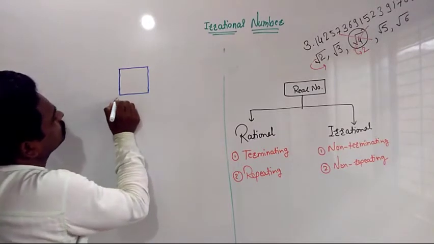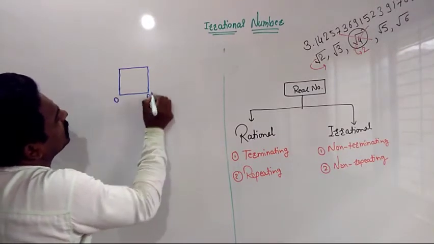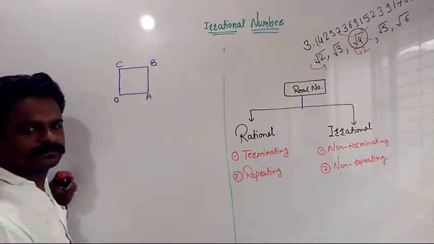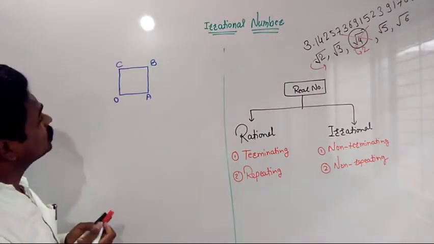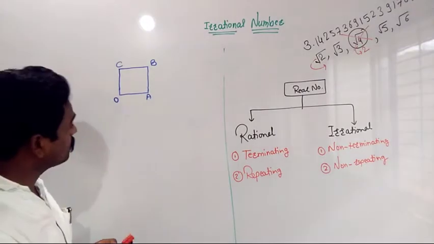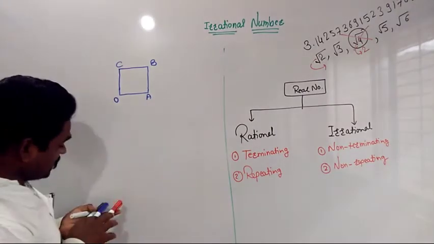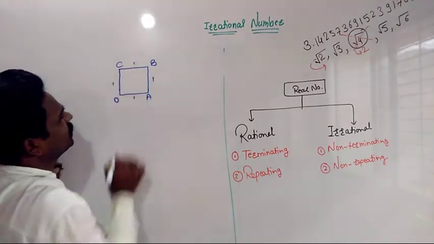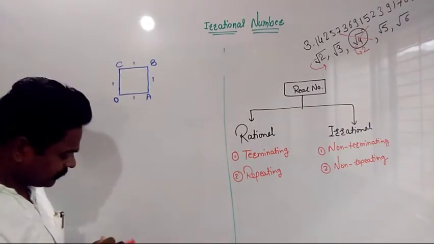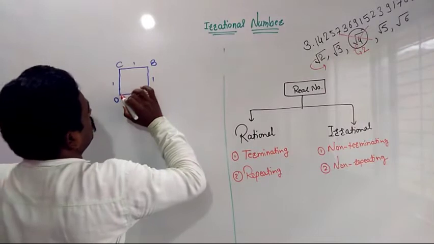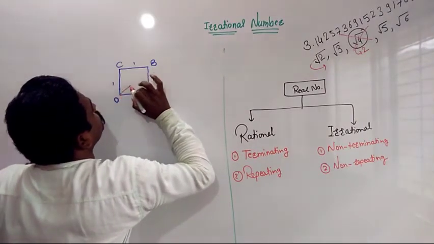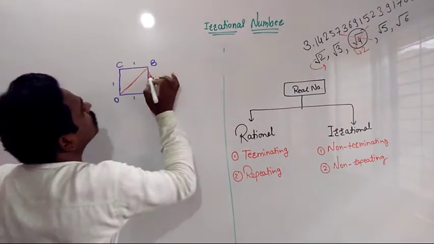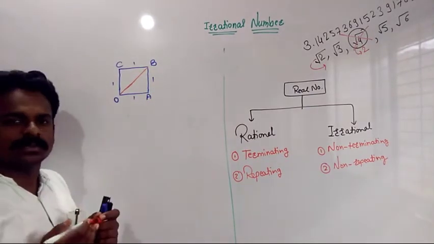Consider this as O, A, B and C. OABC is your square. Each side of the square is 1 unit. Now let's find the diagonal of this given square OABC.